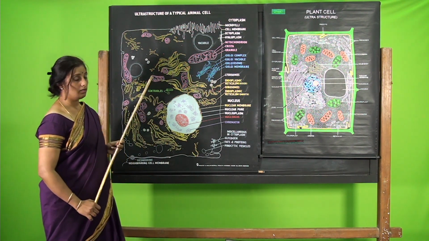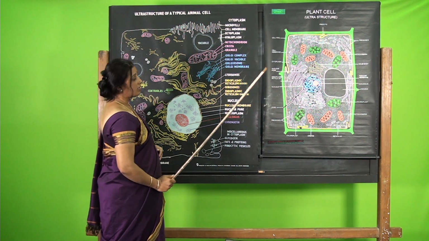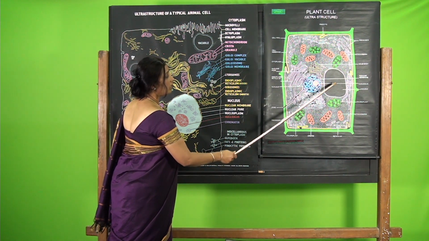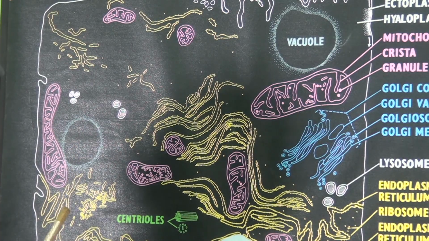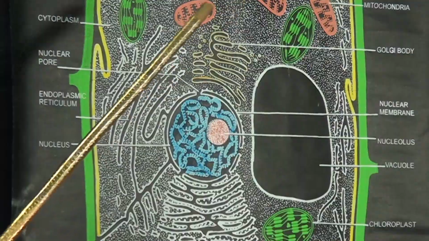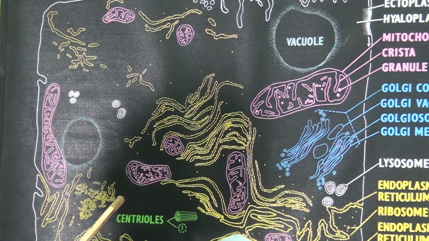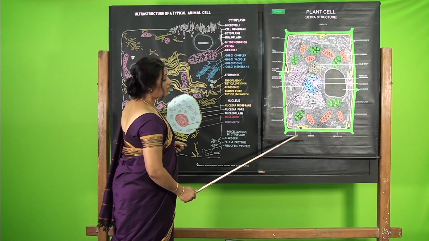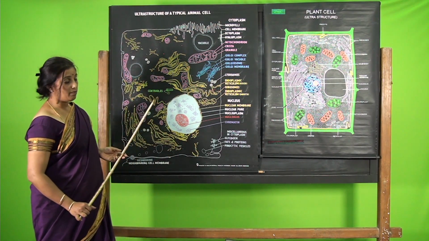To brief it up, the first difference is the presence of a big vacuole in a plant cell and two or more smaller vacuoles in an animal cell, the presence of a chloroplast in the plant cell, and absence of a chloroplast in the animal cell, then the presence of a cell wall in a plant cell and absence of a cell wall in the animal cell.